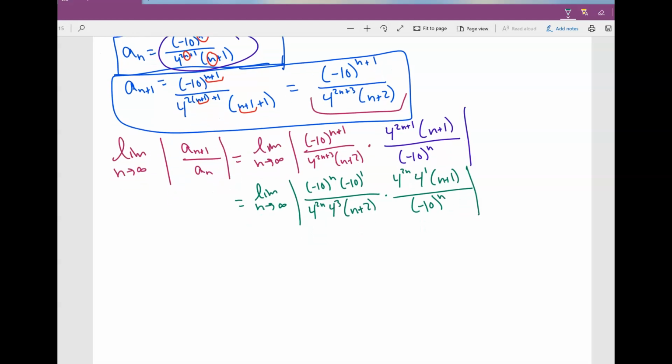Okay, so kind of break up all of these exponents using the exponent rules. Okay, so negative 10 to the nth is going to go away. 4 to the 2n is also going to go away.